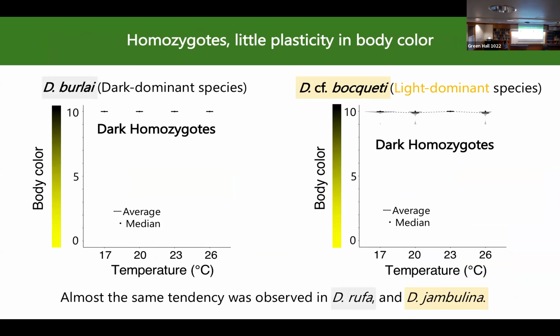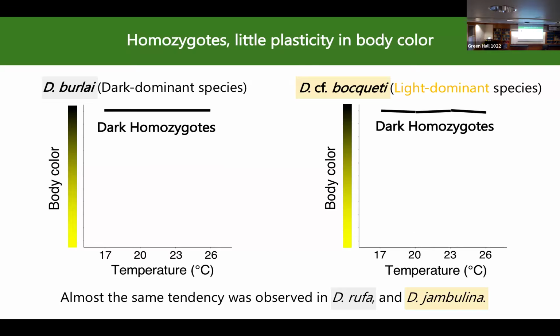This is the distribution of the phenotype, and let me simplify by lining up the averages like this. This data shows that dark homozygotes had little plasticity in body color.